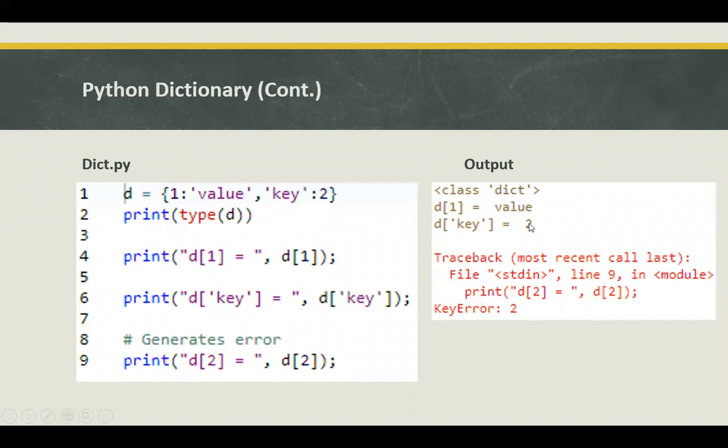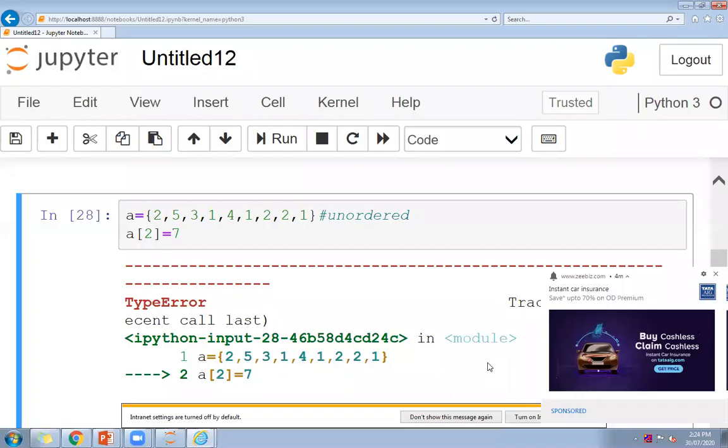And the third one, print D of 2. Now here, the key 2 is not present over there. So obviously, it generates an error message. Right? So very simple.